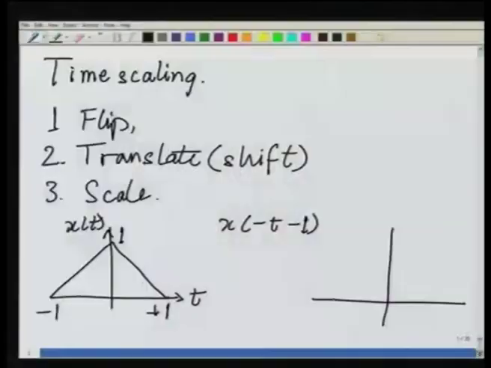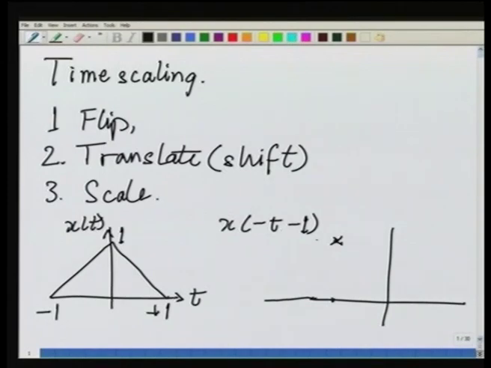And so, at minus 1 we would put this maximum point of x t. Once we have this, it is not very hard to locate the remaining points. For example, it reaches its 0 at t equal to plus 1, at the argument equal to plus 1.